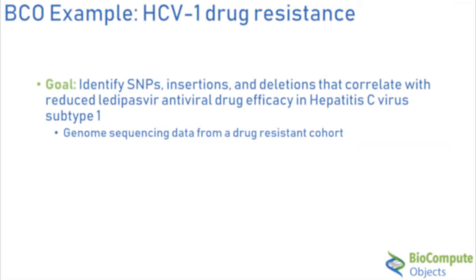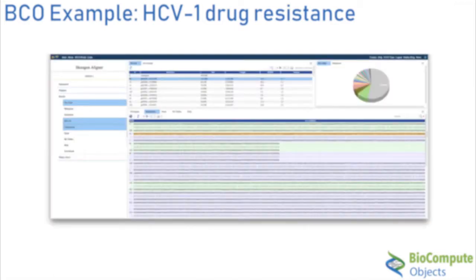You'd like to explore that and see if maybe the virus has acquired some sort of mutation. So that's the working hypothesis. You're able to isolate some of the virus from this drug-resistant cohort and sequence it. That's what you've got to start with, and we can build a simple two-step pipeline to investigate that.